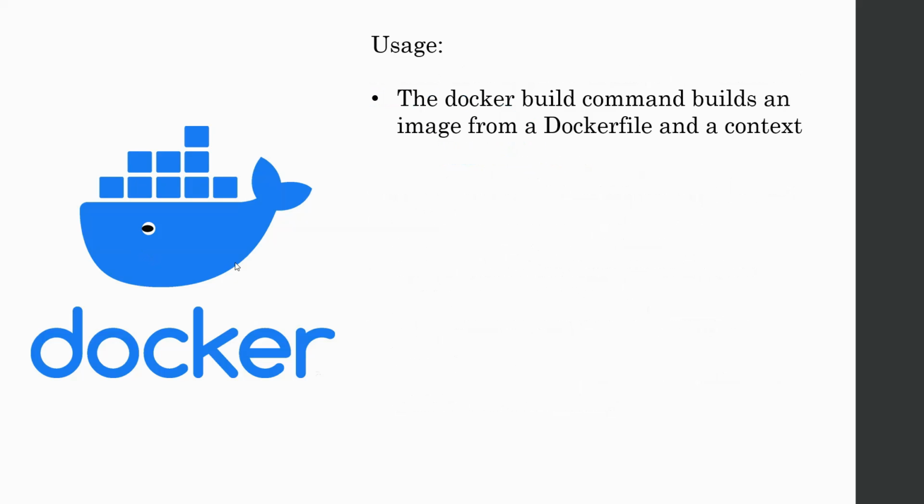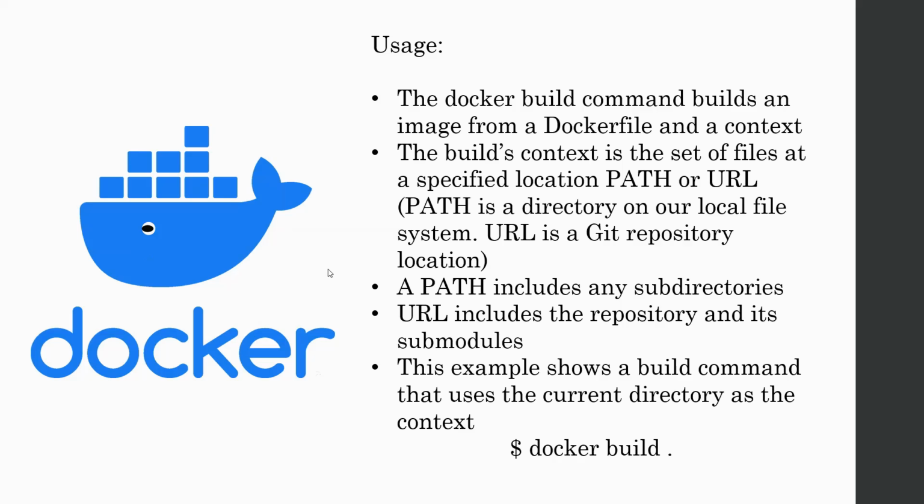Now, in usage, the docker build command builds an image from a Dockerfile and a context. The build's context is the set of files at a specified location, path or URL. So path is a directory on your local file system, and URL is a Git repository location.